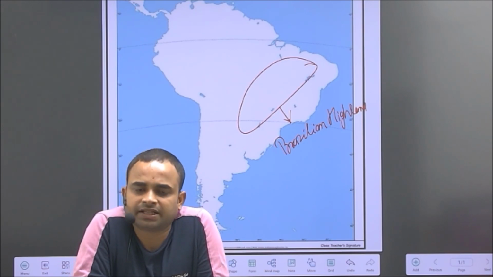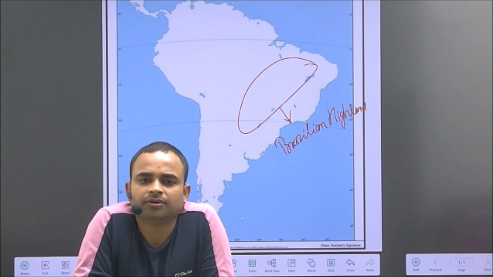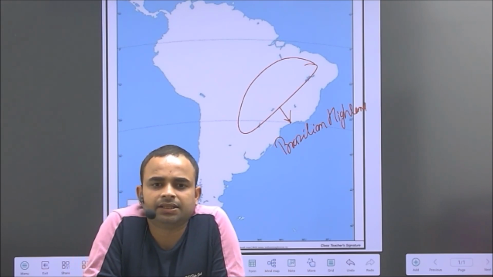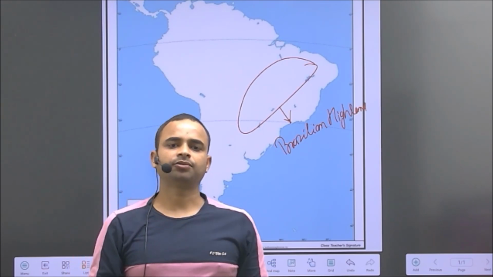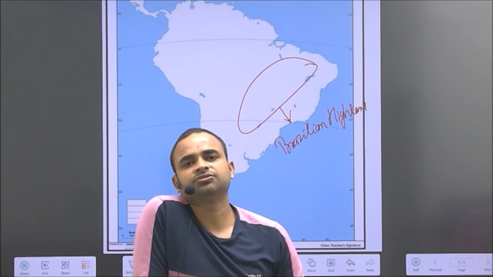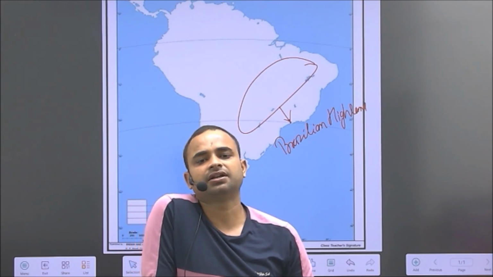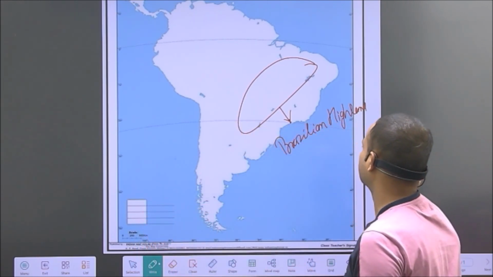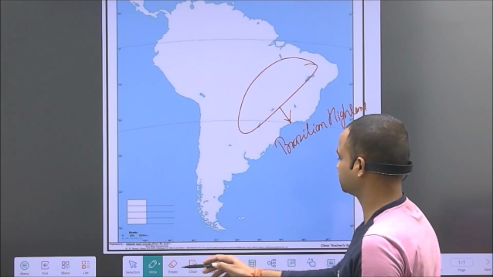According to plantation, their coffee production is very high, and due to high production of agriculture, food processing industries and meat processing industries are highly developed there. So it is very important for South America.